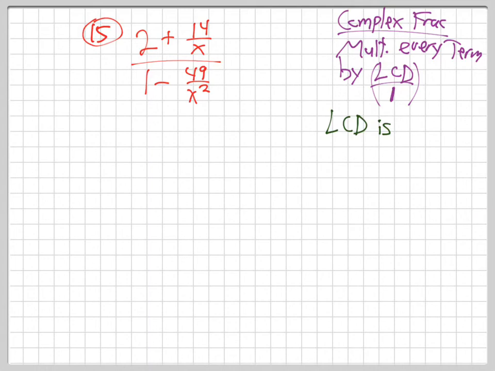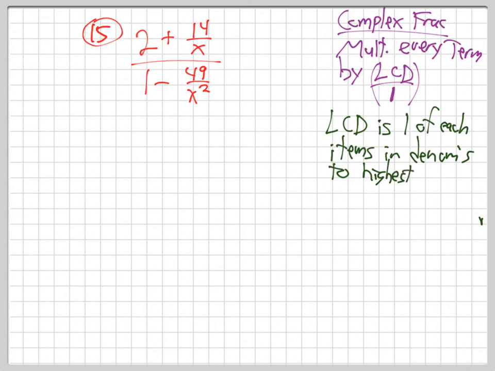The LCD is one of each item, one of each of the items in the denominators, to the highest power showing. I'm trying to give you a definition that will handle all situations.